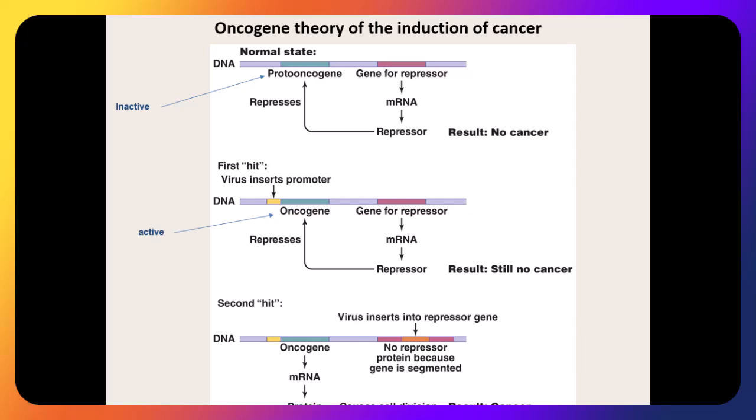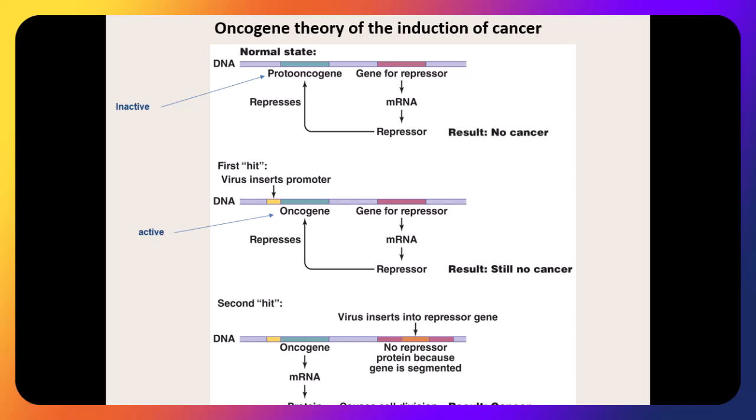It's generally not the first, they call it the first hit. It's not the first virus that causes issues because we've got lots of genes that are trying to stop this from happening. But if you had viral DNA that incorporated itself right here, we already said that's bad because now you've got this active oncogene that's trying to make your cells divide uncontrolled.